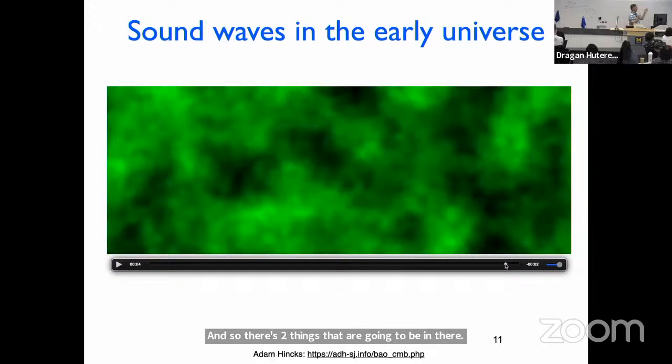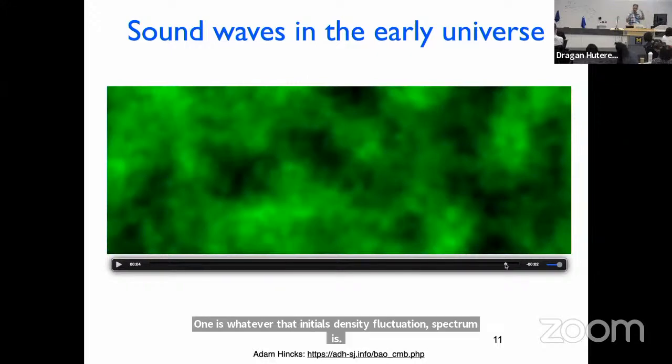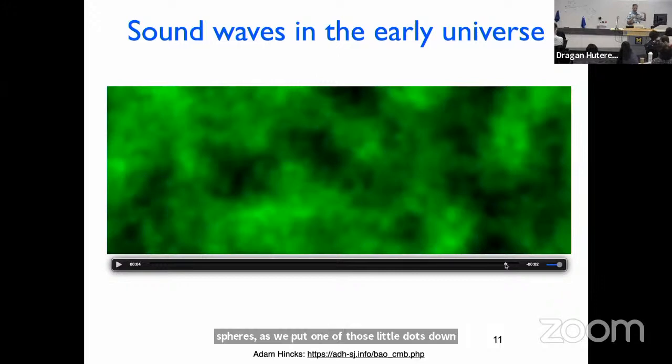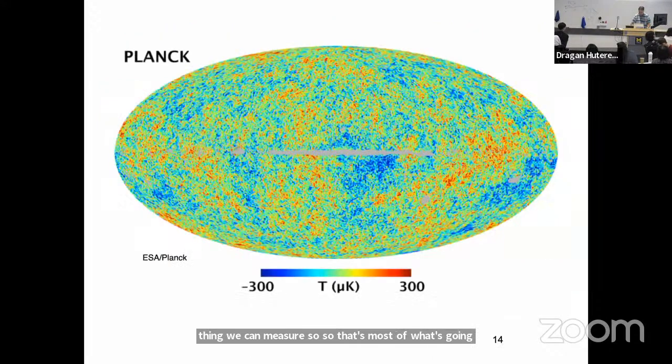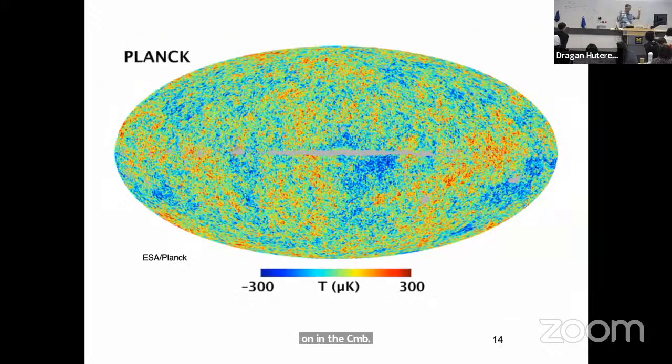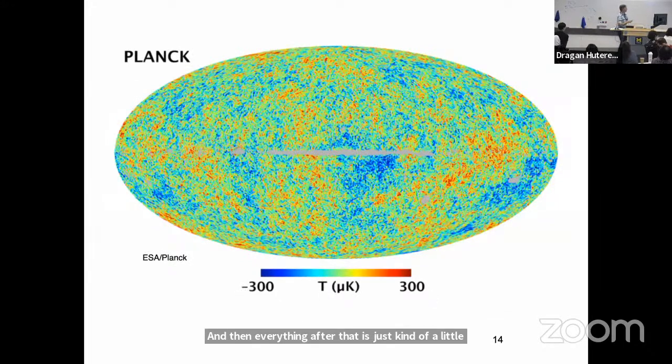So exactly how we distributed each one of those spheres as we put one of those little dots down, that's going to show up in what we see in the CMB. And then the details of those sound waves are the other thing we can measure. So that's most of what's going on in the CMB, and then everything after that is a little bit technical.